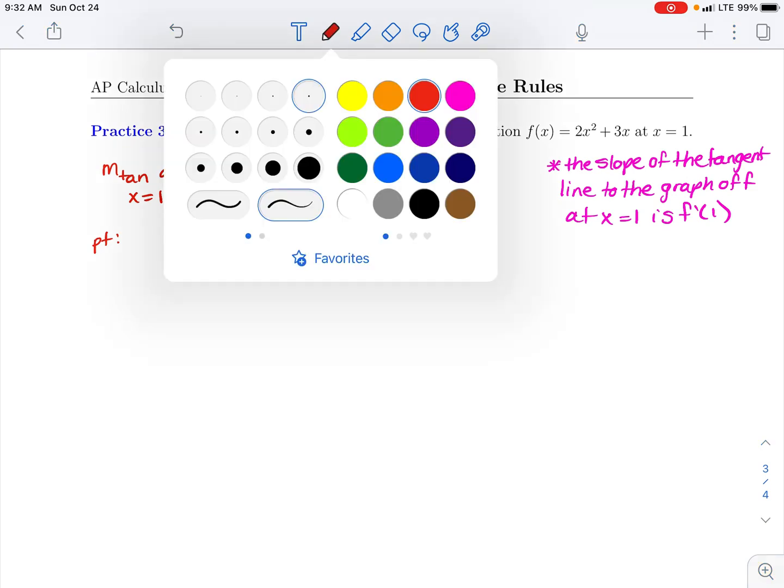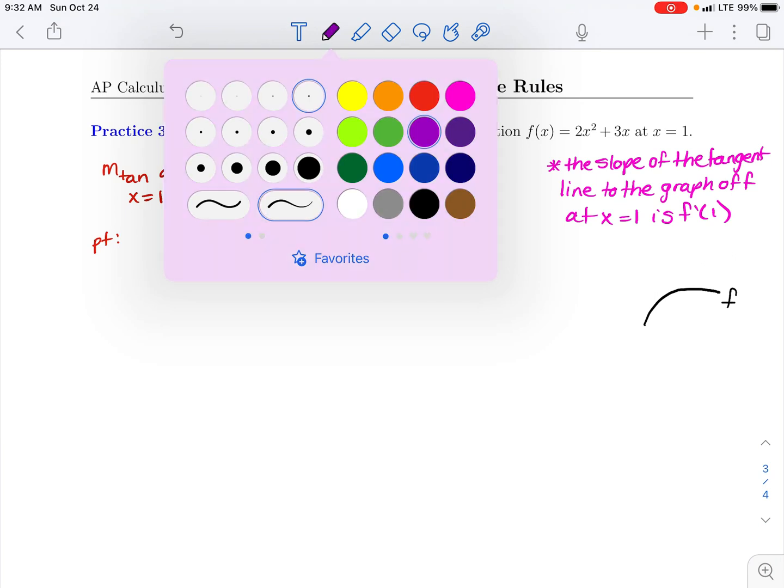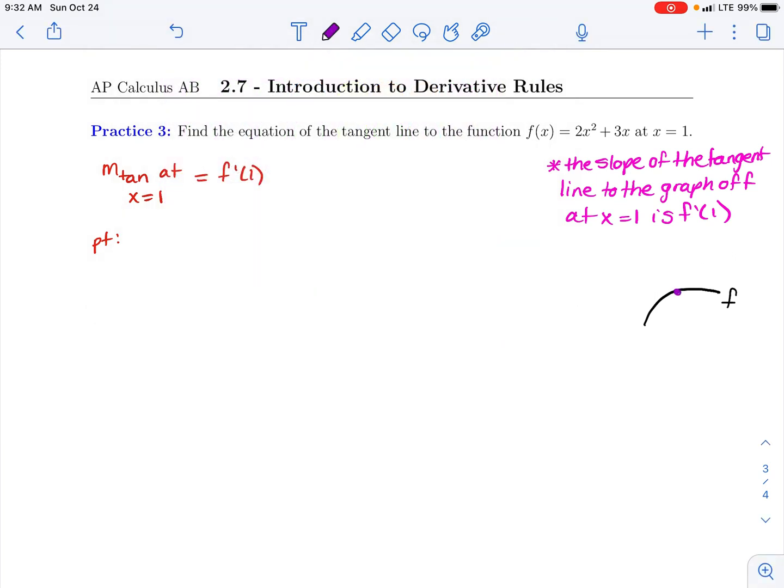Way back before, I showed you a rough sketch, just making up that this is the function f, and here is my point and the tangent line to the graph through that point, at x equals 1. So this is my tangent line.